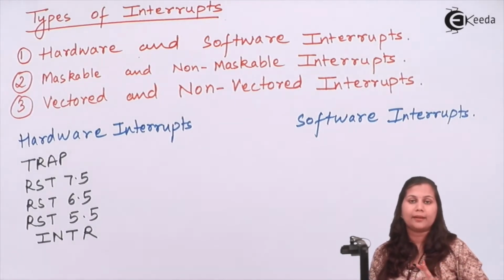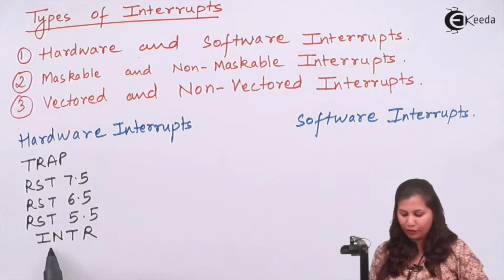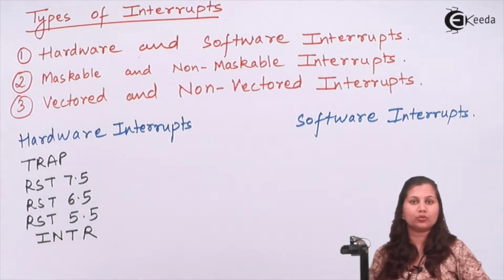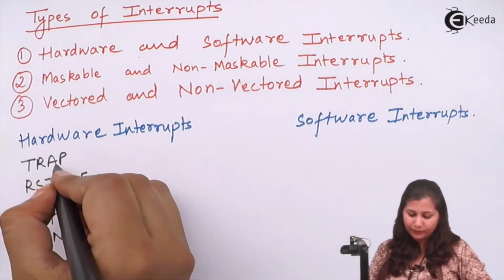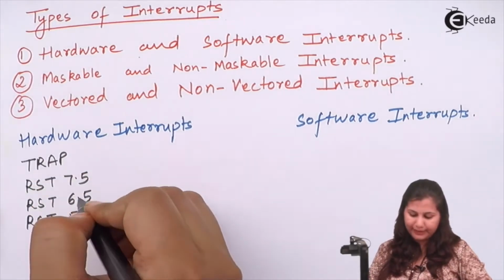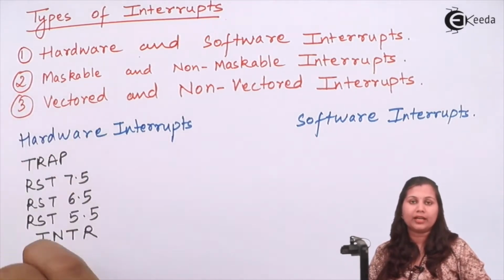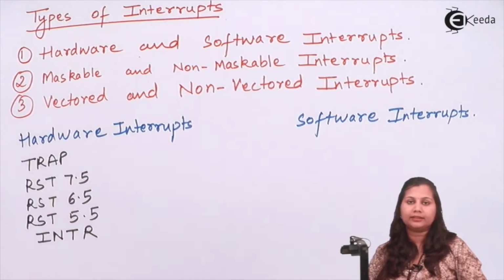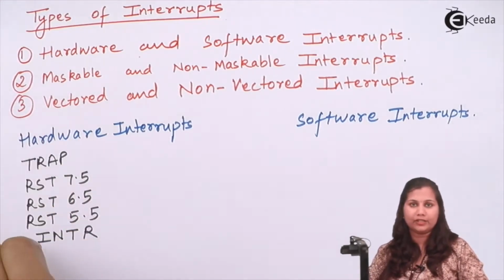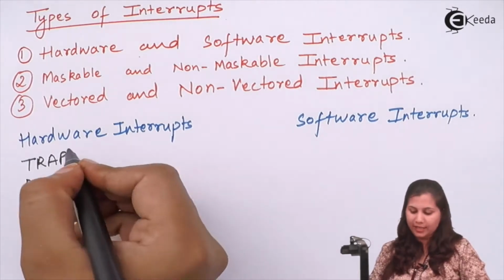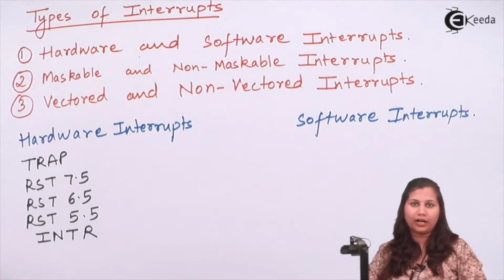Because the 8085 is a 40 pin IC, there is a pin for this INTR, and when this pin is high, it means this interrupt is being given to the 8085. For TRAP, RST 7.5, 6.5, also we have a circuitry, and through that circuitry the interrupt is provided to the 8085. Due to the circuitries involved, those come under the category of hardware interrupts.